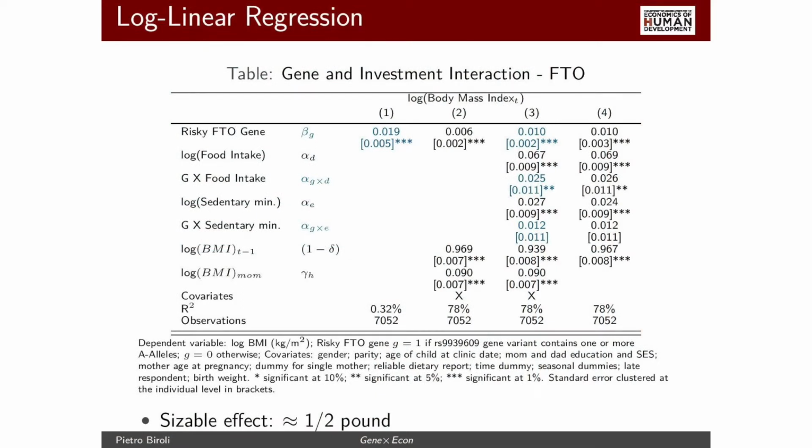And what this table shows is that we indeed observe some significant differences between children with one genotype and those who don't. If you look at the top row, this is a dummy identifying the children that have the risky genotype. And we observe that without controlling for anything, this genotype is connected to obesity. So we replicate what other people have found in the literature.